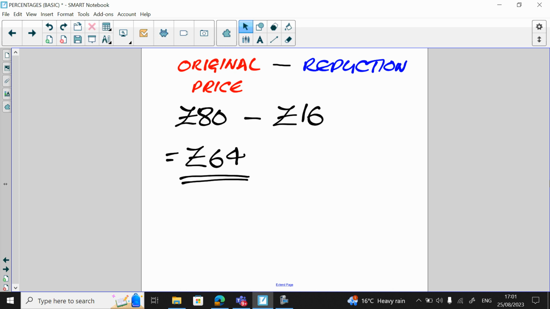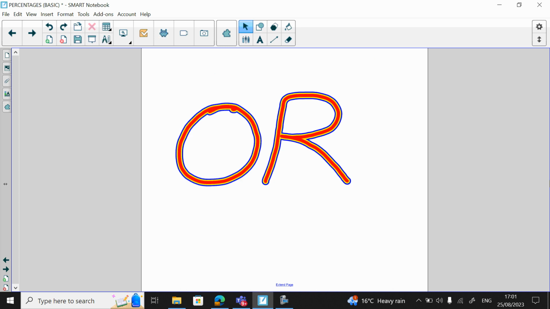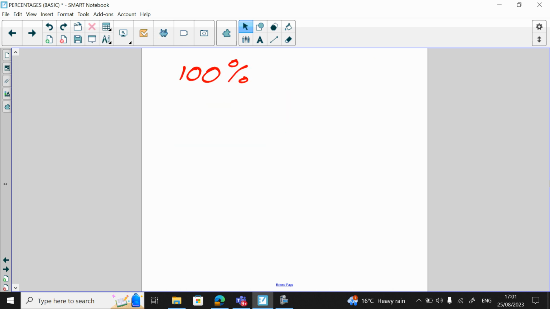There are loads of other approaches. As long as you're getting the same answer, I keep saying it again and again, I am fine with that. So here's another approach. Or you can consider the original price unchanged.